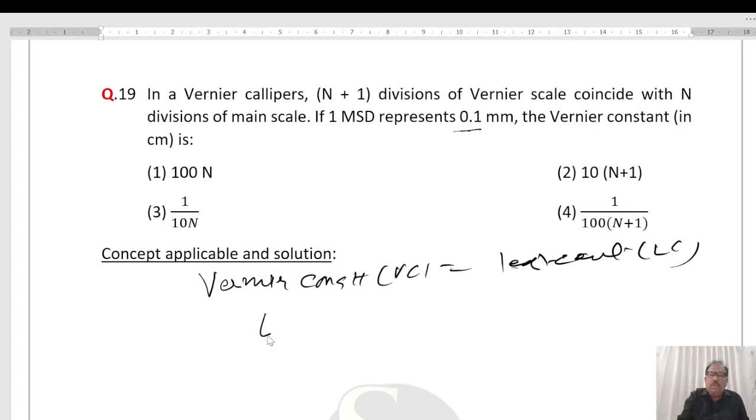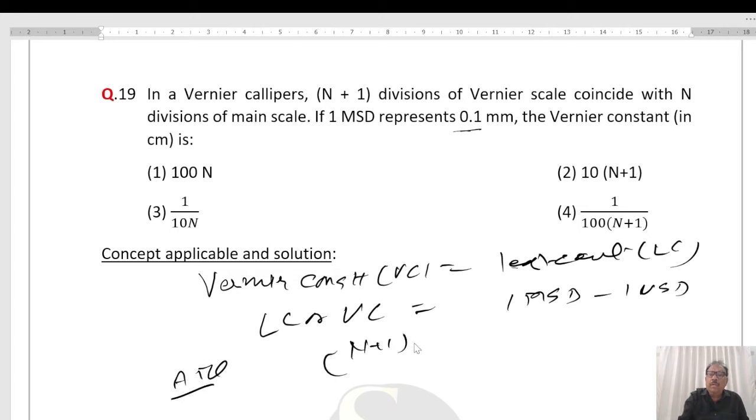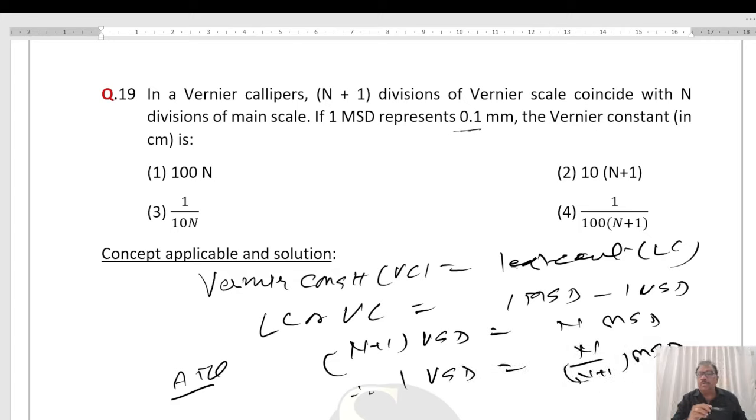And least count or vernier constant is given by 1 MSD minus 1 VSD. According to the question, n plus 1 VSD equal to n MSD. Therefore, 1 VSD equal to n over n plus 1 MSD. Now substituting.